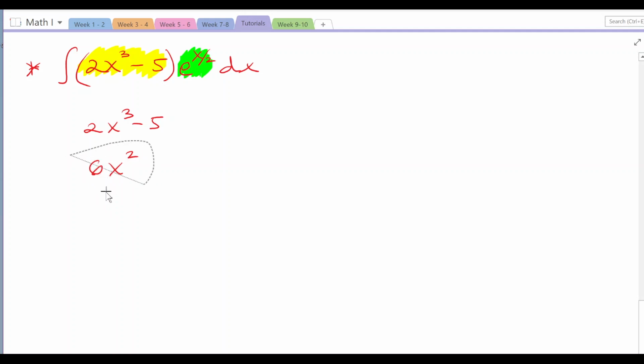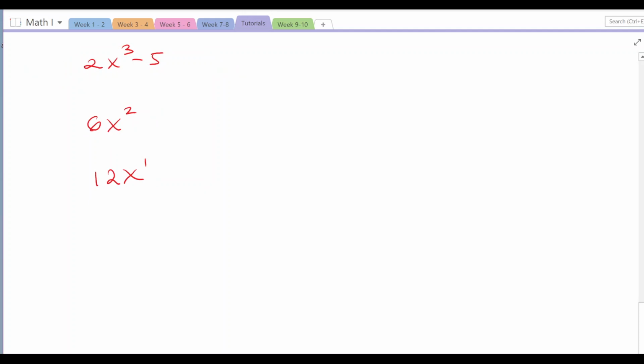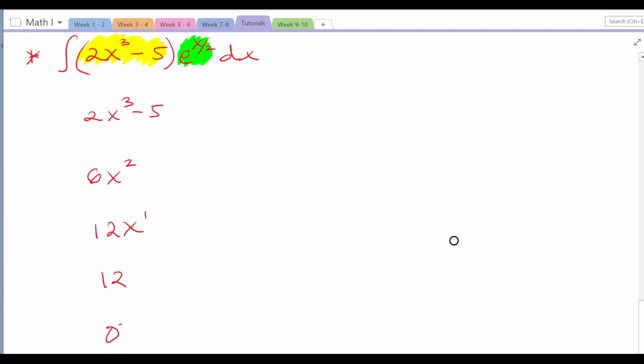Okay, and then the next differentiation will be 12, and then the next differentiation will simply be 0. That's when we stop the differentiation.